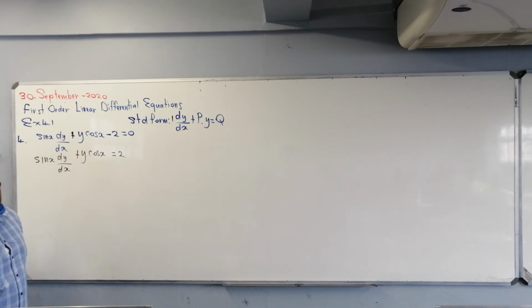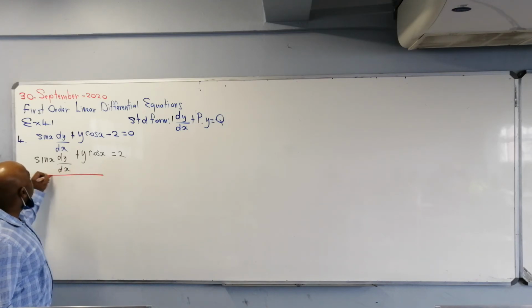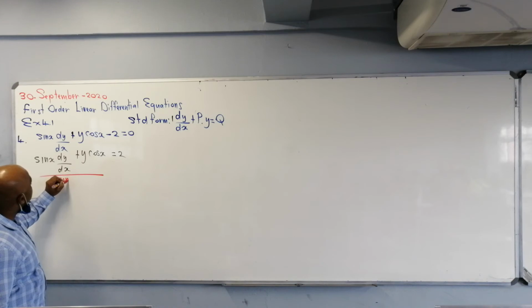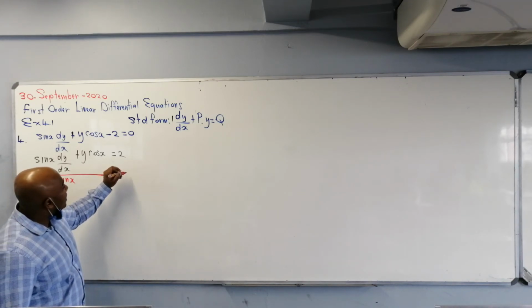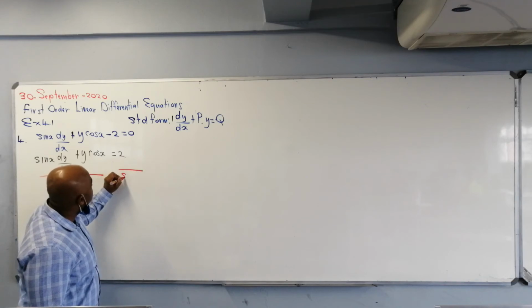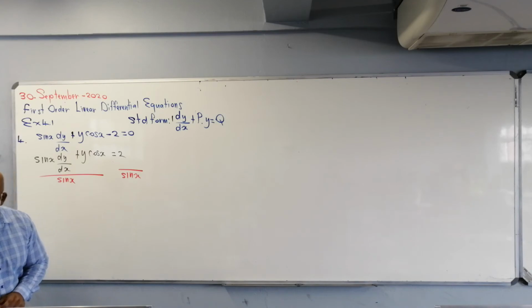We need to divide both sides. So we're going to divide the left hand side by sin x, because I want sin x and sin x to cancel. Whatever I do on the left, I must do on the right hand side. Okay.